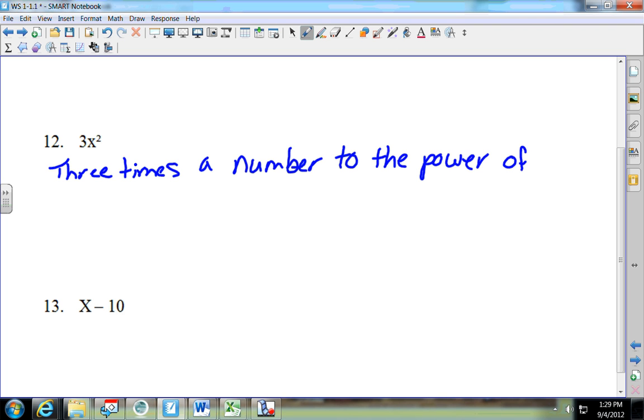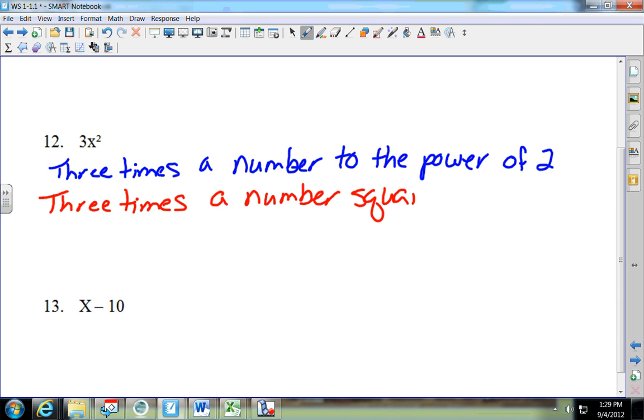Yes, ma'am. 3 times a number squared. I'm writing number squared. 3 times a number to the second power. Yep.